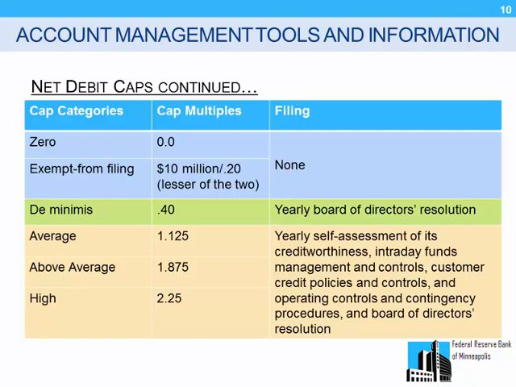The last three are what they call self-assessed caps, and there is a process that an institution goes through assessing various controls, creditworthiness, policies, etc., and depending on the outcome of that self-assessment and with the board of directors resolution, it allows the institution to incur daylight overdrafts up to those specific multiples of the institution's risk-based capital.